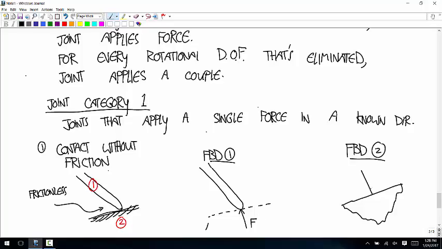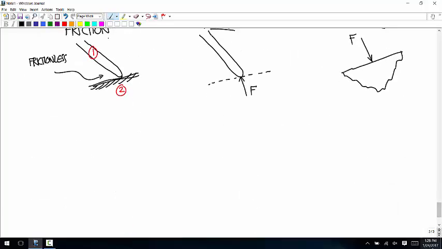This force is like that. The second joint in joint category 1 is a roller.